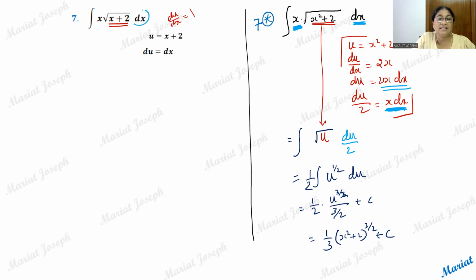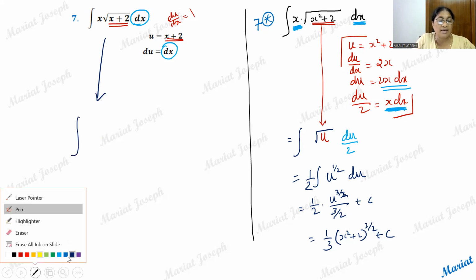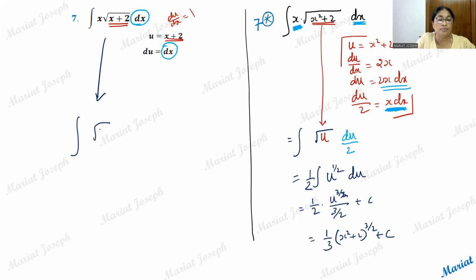Now what happened is this dx is replaced as du. x plus 2 is replaced as u. Now, when you rewrite this question, integral of root of x plus 2 is root u. dx is du.